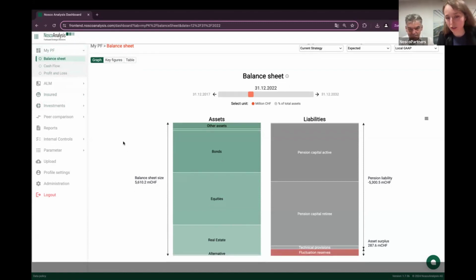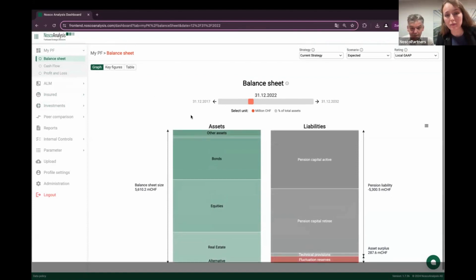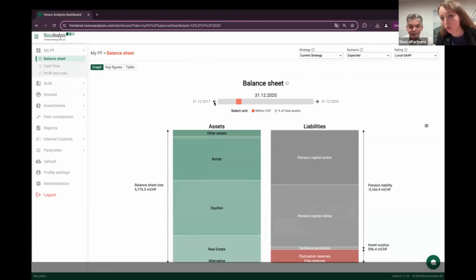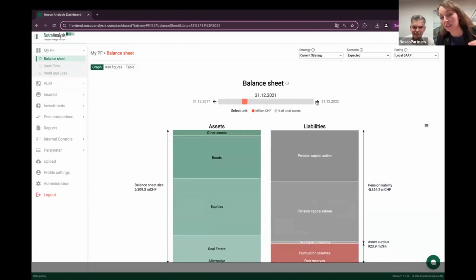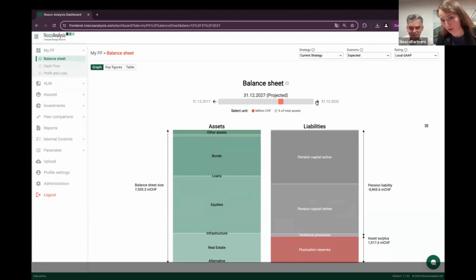This is actually the picture you have already seen in our slides, but this is the real pension fund's balance sheet. As promised, not only is here all the information about the past, but we can go also with this time slider into the future.